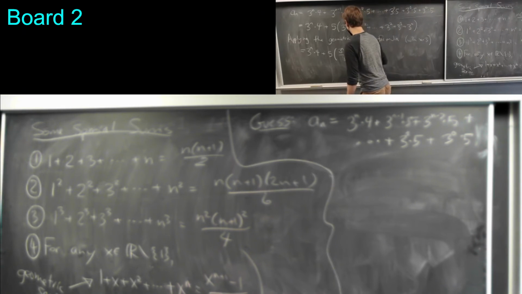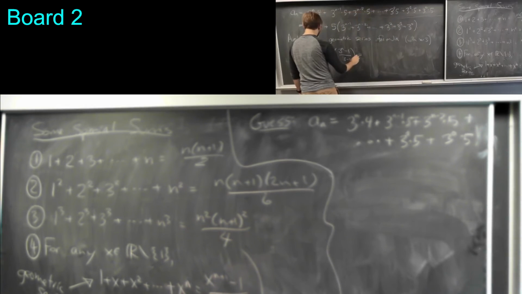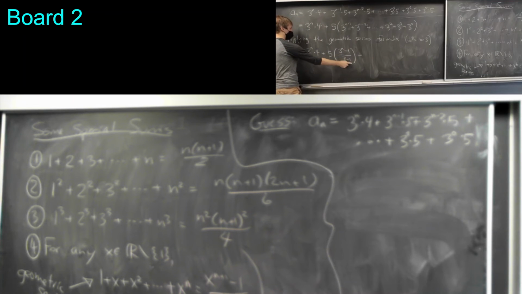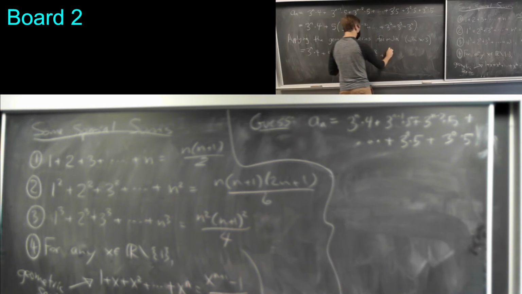Which we can simplify further. The denominator here is 2. So let's get everything under the same denominator. It's 3 to the n times 8 over 2 plus 5 times 3 to the n minus 5 over 2.